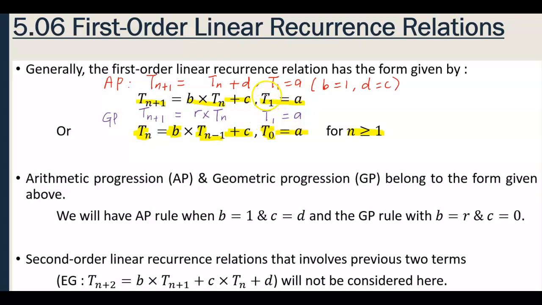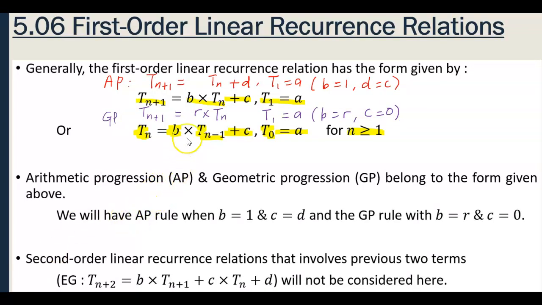So when does the first order become a geometric progression? That means your b value equals r. And what happened to your c? Is there any c value here? Nothing, so that means your c value equals 0.